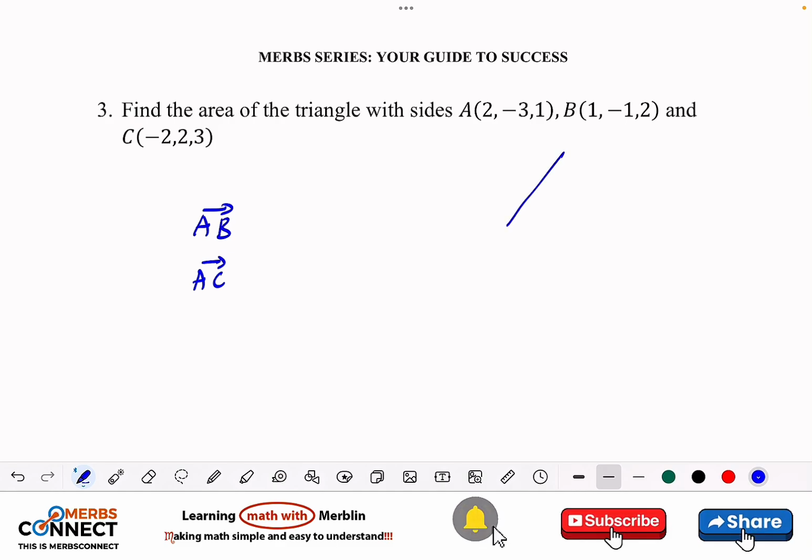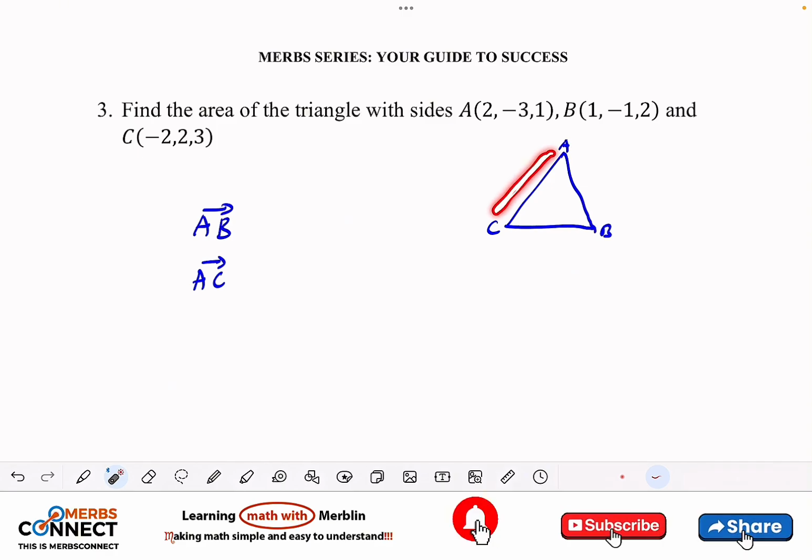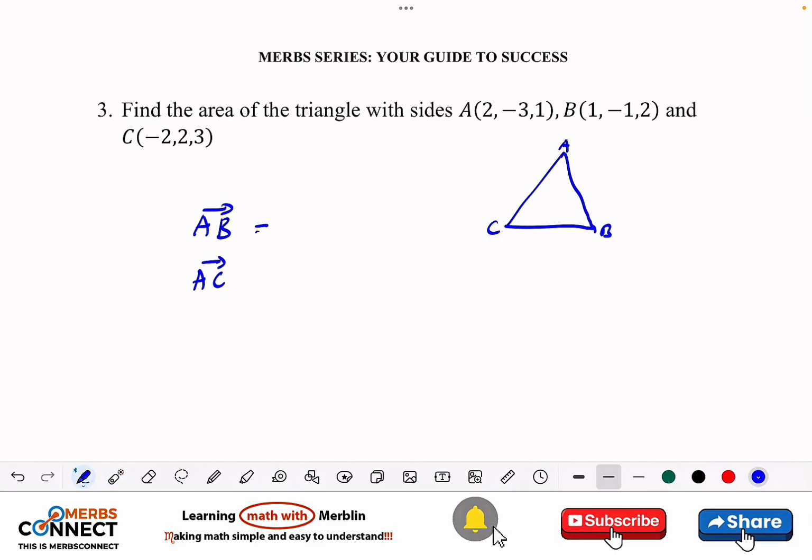So this is ABC. For us to find the area of this triangle, we need the vectors AB and AC. Sorry, AB and AC, not AB, BC. So that's what we need, vector AB, vector AC.